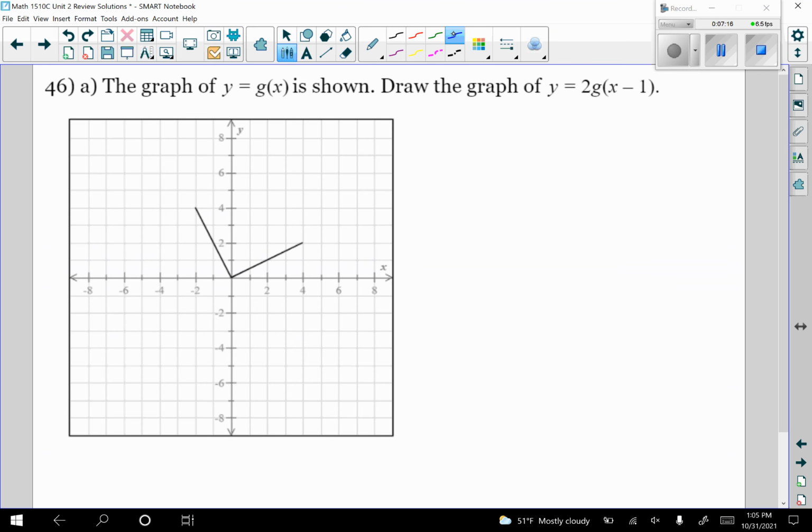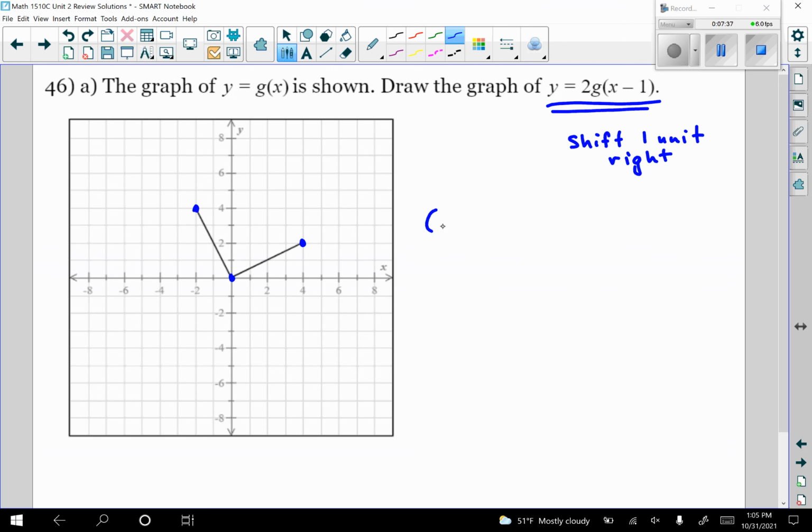All right, for 46, there's 2 parts to this. So if we want to look at this, this is going to shift 1 unit to the right and double the y values here. So if we just make a table of values, I'm just going to pick the endpoints and then that corner that's right there.